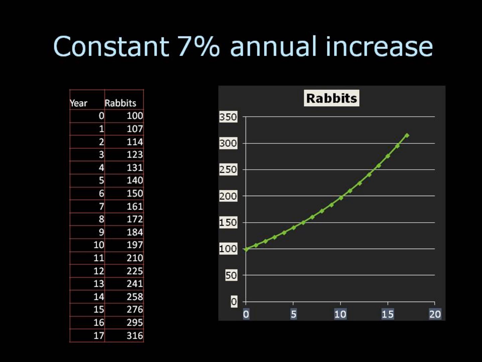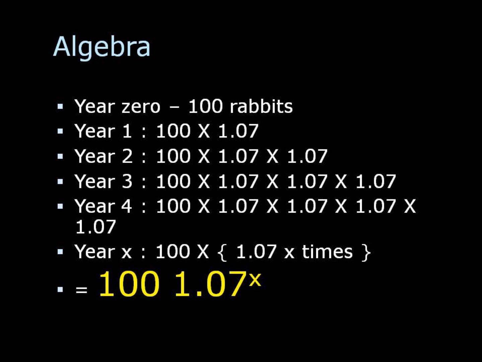If we plot that in a graph, we don't get a straight line, we get a curve which increases more rapidly as the years go by. So we have the numbers for this, and we have a graph.